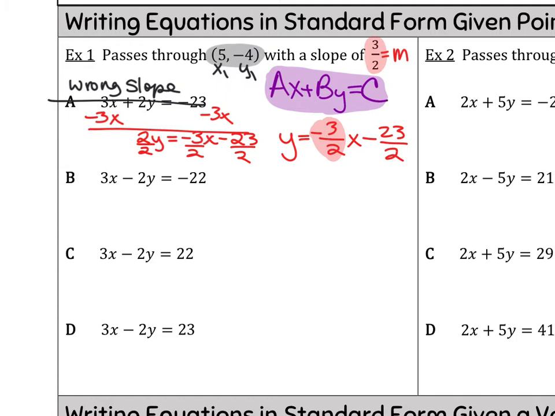We can move equations in and out of different forms, and it changes the information that it gives us. A would be 3, b would be 2, c would be negative 23. But we just rearranged it. You don't use the 2 over 2 for the y. Correct. So we need to match up this information.